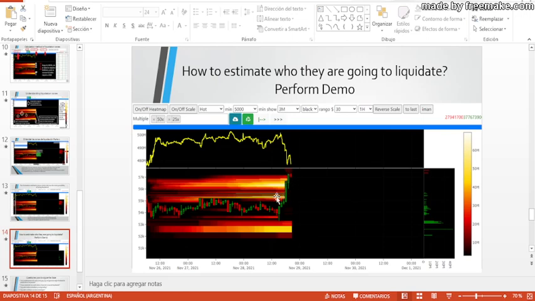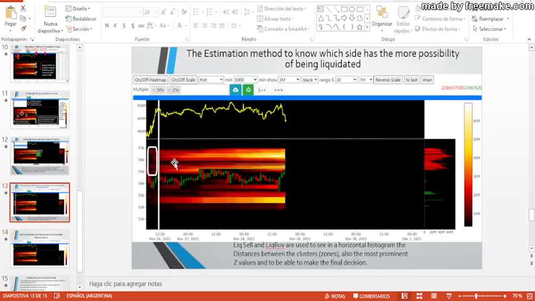When the liquidation happens, commonly we will see the open interest go down. That says that our previous analysis is correct.